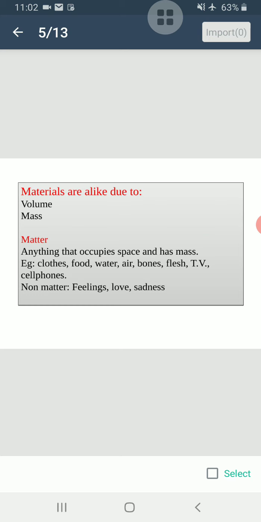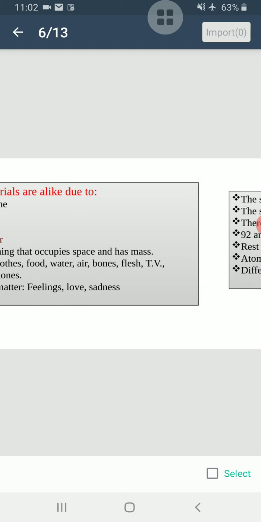There are some non-matter things also like feelings, love, sadness. These don't occupy space and they don't have mass.